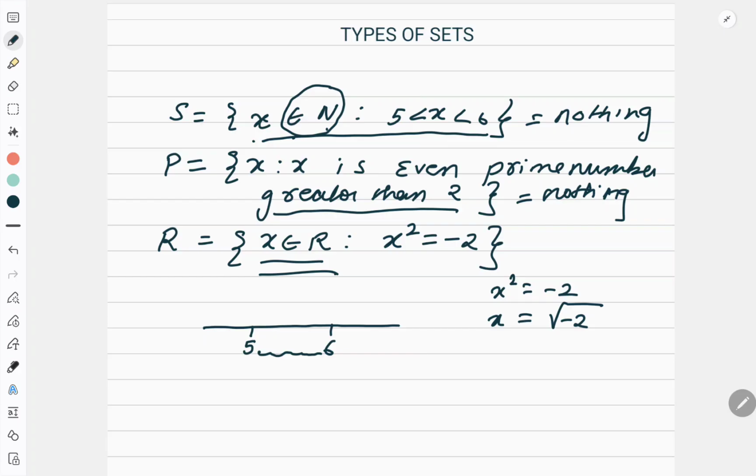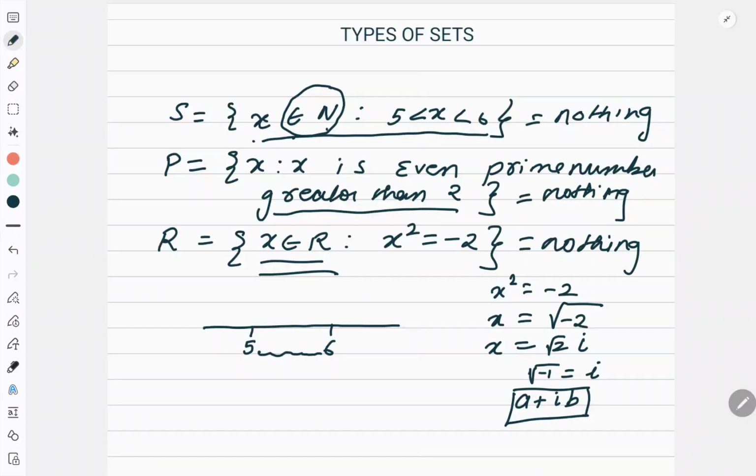Yes, there is something, but it does not belong to R. You will study in future that this is root 2 i, because under root of minus 1 is i, called iota, which represents complex numbers a plus ib. This is the standard format of a complex number, which you will study in another chapter. So a complex number belongs to another set, and this does not belong to R. So here also I am getting nothing.